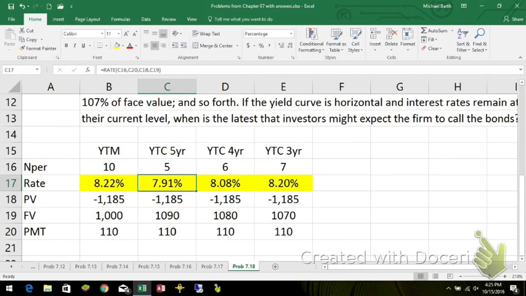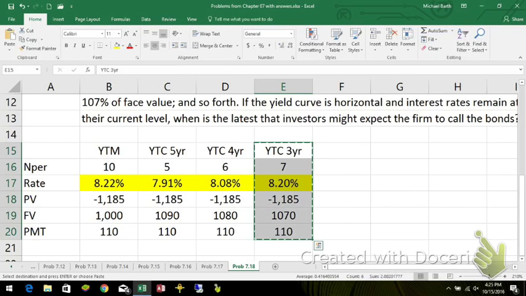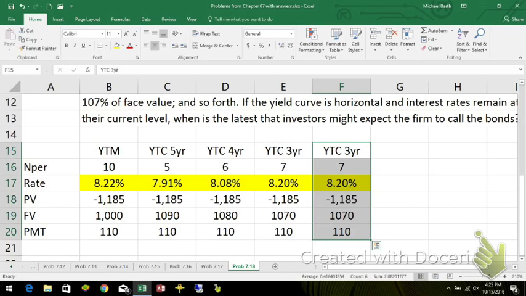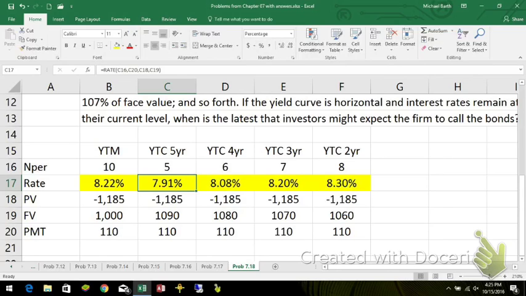Okay, so if the corporation called it in either year 5, year 6, or year 7 from now, they're still going to be saving money. If they wait till 8 years from now, when it only has 2 years left, and they only pay 1,060, then that actually would be good for the investors. So if they're going to call it, they're going to call it either in 5, 6, or 7.